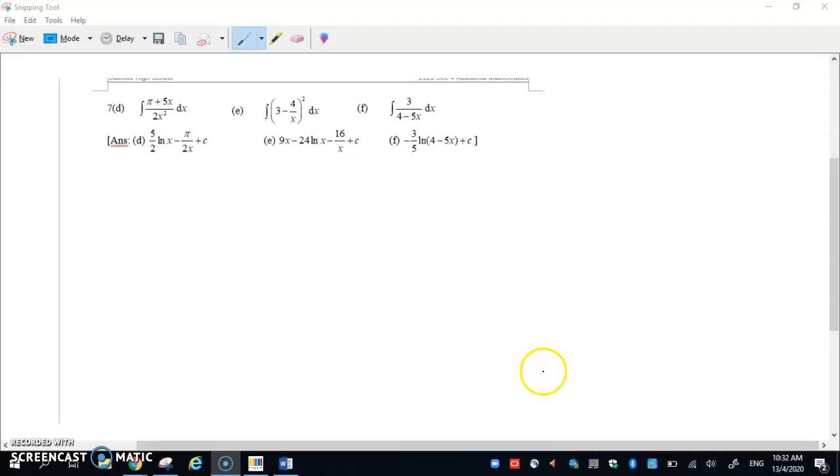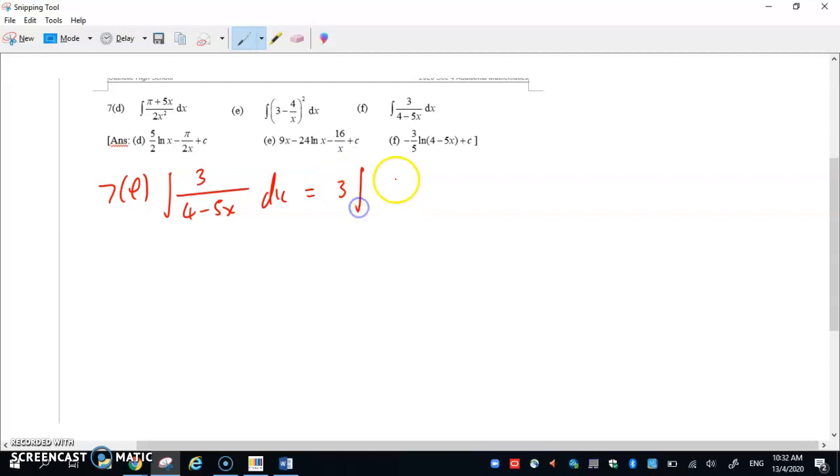So for the next page, I will skip part D and part E. You may do it on your own. I want to focus on part F. So for part 7F, what we get is the integration of 3 over 4 minus 5x dx. What we get is simply 3 times the integral of 1 over 4 minus 5x dx, and you just have to carry out this integration directly.